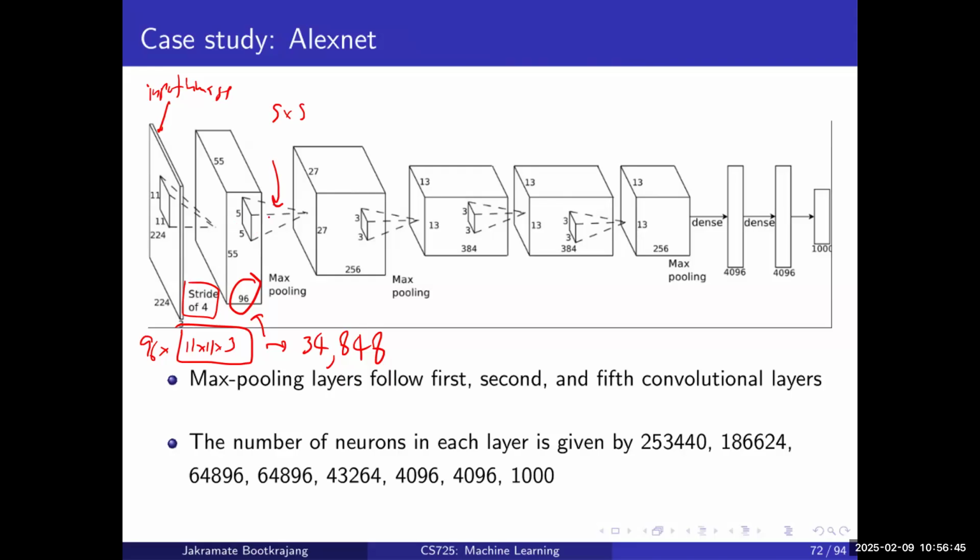Because this image has 96 channels, your filter has to be 5 by 5 by 96. So this is the filter in the second layer. And how many of these do we have? We need to have 256 of these, because the output of this convolutional layer is an image with 256 channels.